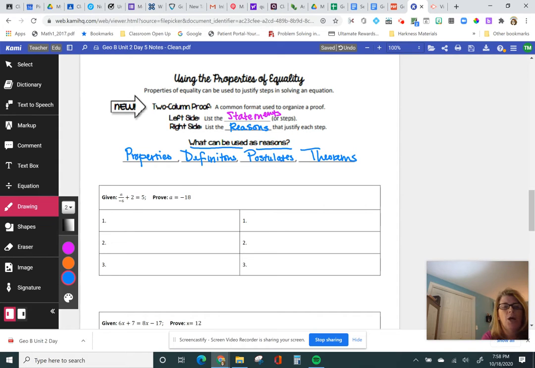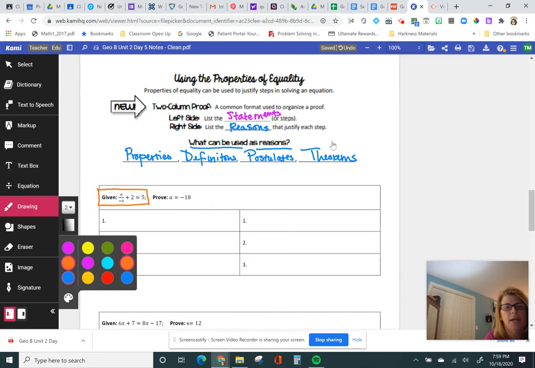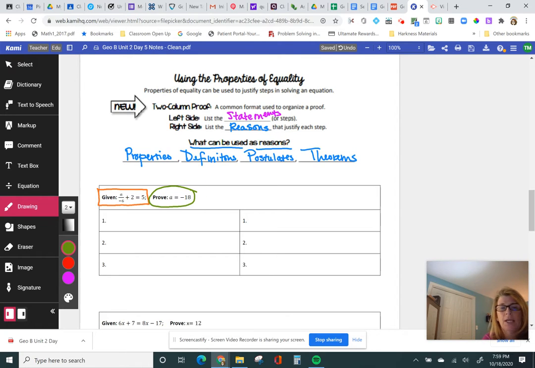So a two-column proof always starts out with something called a given. They're going to give you a statement, and they're going to ask you to prove an outcome or a conclusion. Okay. So given this particular statement, they want you to get to this.